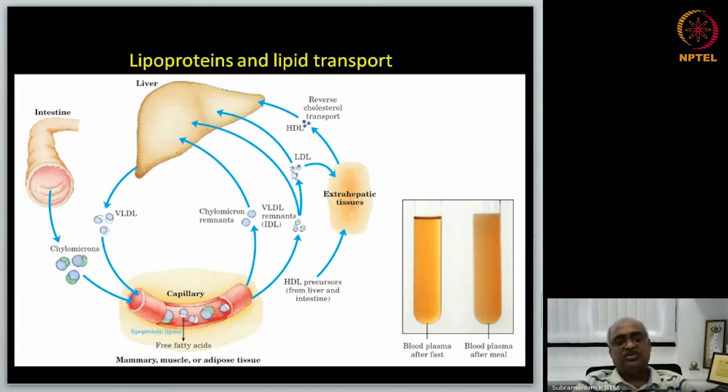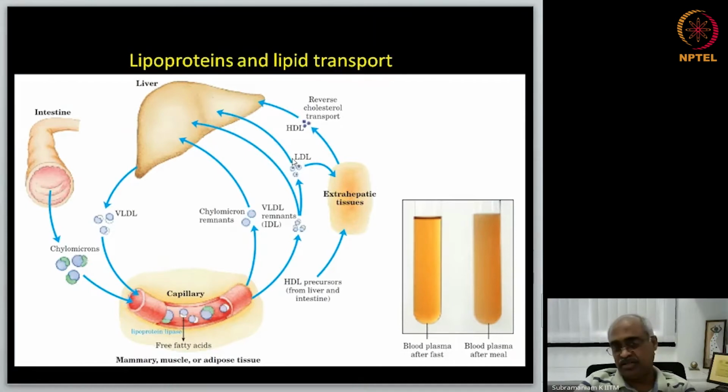The LDL is essentially rich in cholesterol, and that should be taken up and used for storage or for energy production by other tissues, extrahepatic tissues. A higher level in the blood means higher levels of cholesterol that actually needs to be used.